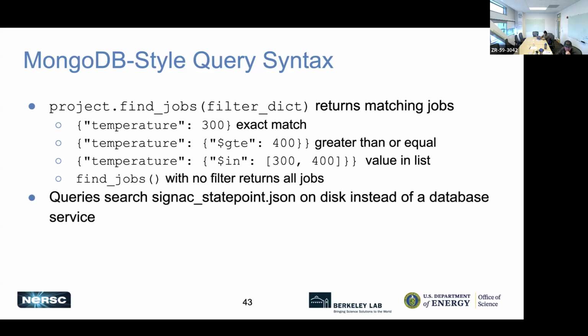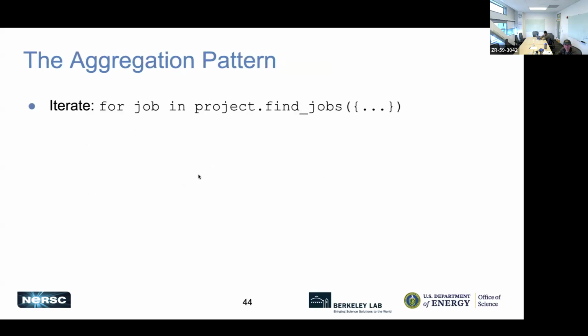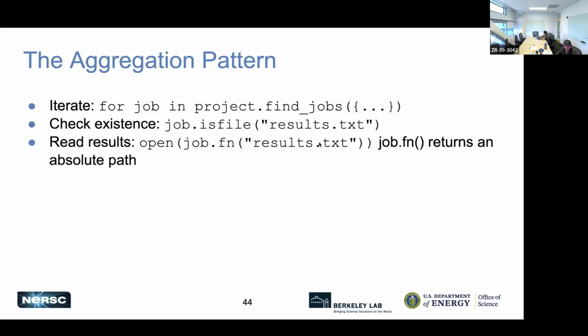So these queries are running on the file system, not in a database. What they're actually doing is using the NERSC metadata server as the database. Okay, so for every job in project.find_jobs with whatever filter, do you have results.txt? If you do, open the job, and this job.fn function gives you the absolute path.